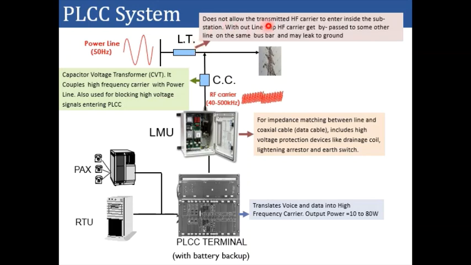It will not allow the transmitted high frequency carriers to enter inside the substation. If we do not use it, then the high frequency carrier may get bypassed to some other line or may lead to ground also. So the line trap is essential to not allow the high frequency carrier waves to penetrate into the substation.